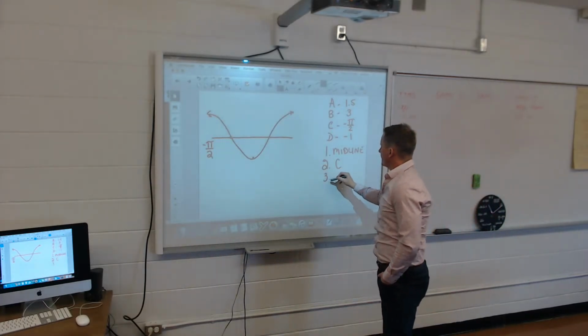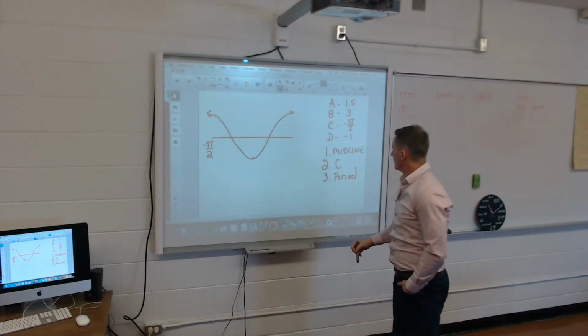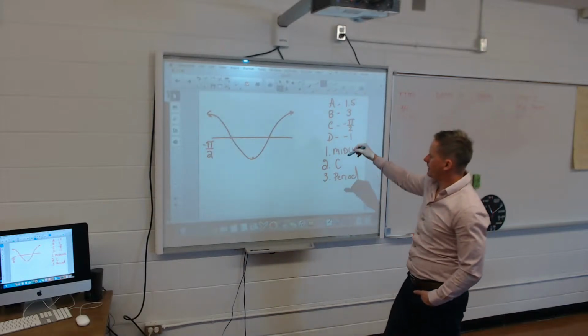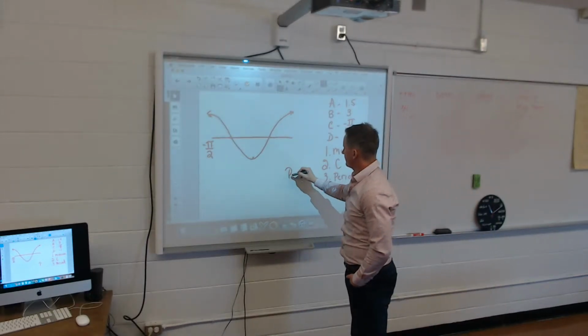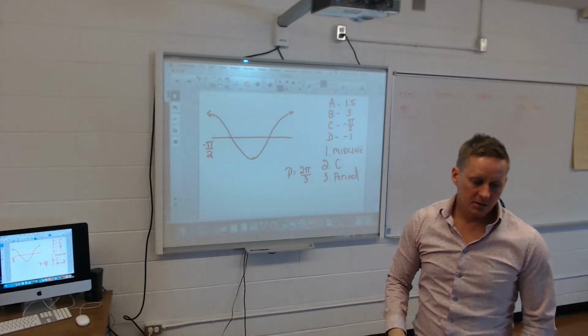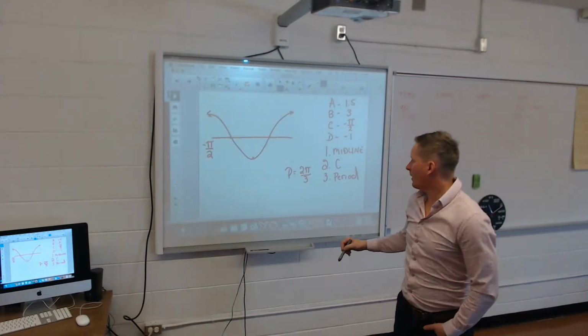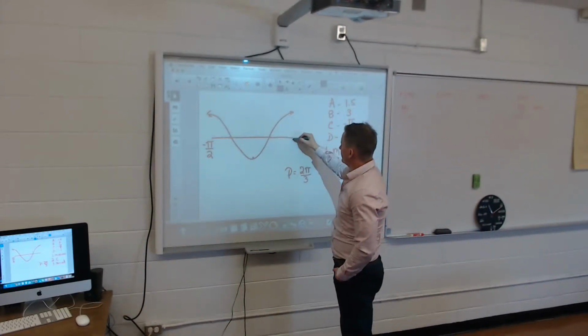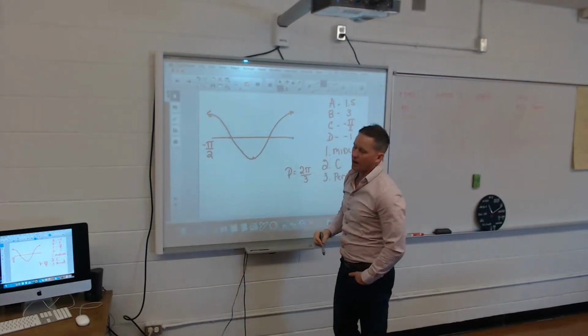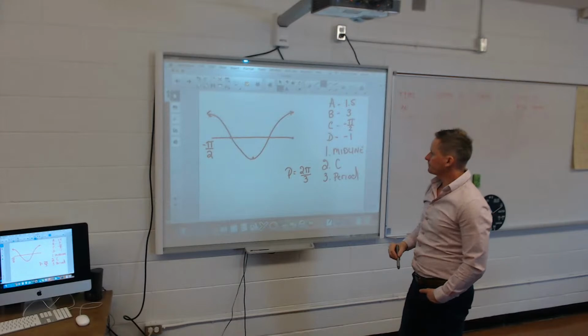The third thing I then do is work with my period, which is 2 pi over 3. I do my period now because I want to find out what these other 4 key points are along my axes.